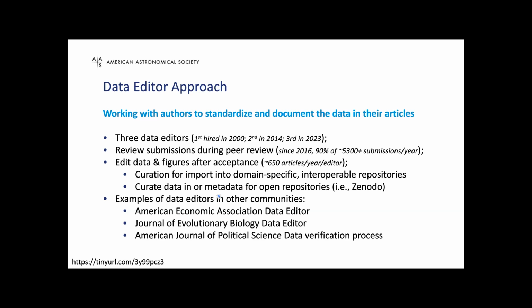So in this secondary post-acceptance editing phase, each of us does around 600 articles per person per year. And then we edit the data. We're trying to standardize the material that authors are providing so it can be ingested into other repositories. And then a really blossoming thing that we've been working on is either curating the data or the metadata for data that are in open repositories.